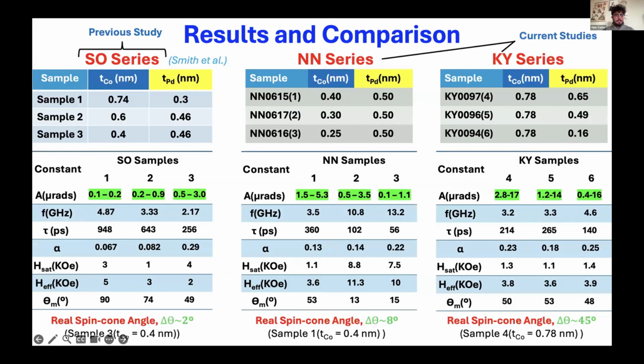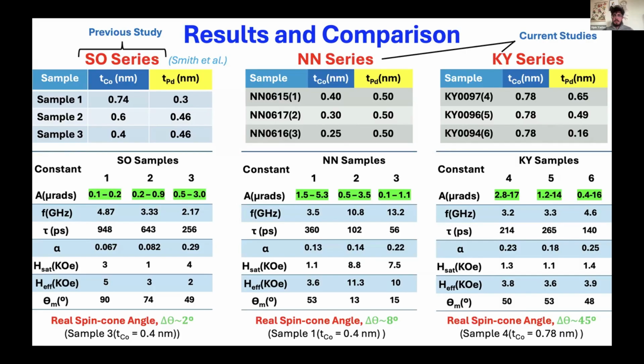To notice here, for the SO series, we can see that different cobalt thickness provides different amplitude, and the same in the NN series. As the cobalt thickness varies, we are seeing different amplitude. And for the KY series, where the cobalt thickness is the same, for all three samples, we have about 16 microrad of amplitude.